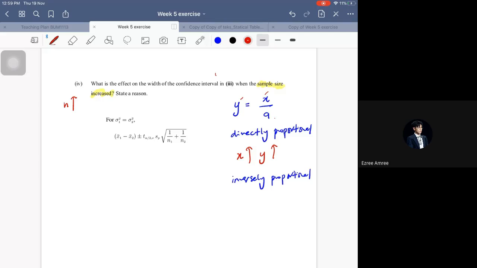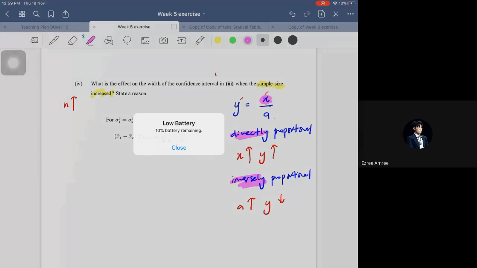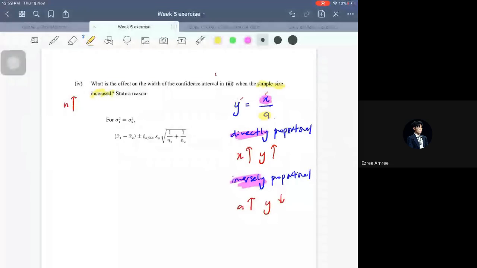So when the value of a increases, the value of y is going to decrease. So how do you tell whether it's directly or inversely proportional? That can easily be told by the position. If the variable is positioned on top, it's directly proportional. If the variable is positioned at the bottom, it's inversely proportional.